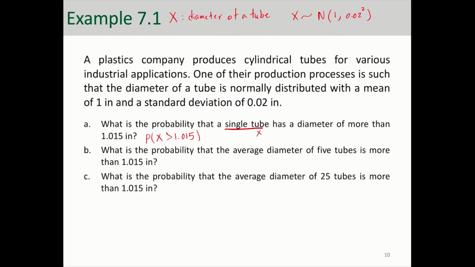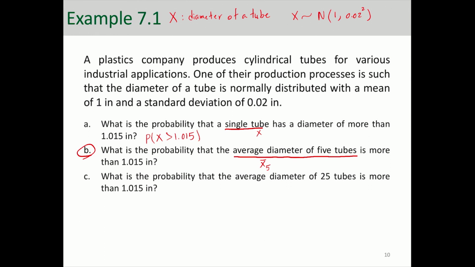Now, in part B, the problem is asking what is the probability that the average diameter of 5 tubes is more than 1.015. Average diameter of 5 tubes is essentially an x bar of sample size 5. So we're going to call this x bar 5 because it's the average of 5 tubes.